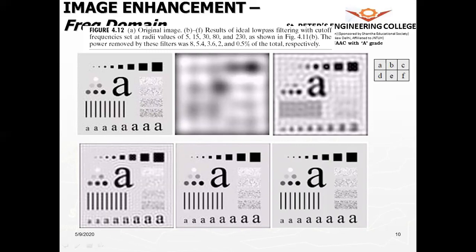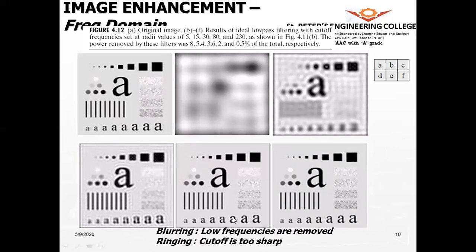Now, as I said, there is blurriness in the small circle, and there is this effect called ringing effect when we use this ideal low pass filter. So there is blurring at low frequencies, and the cutoff is too sharp, that results in ringing effect.